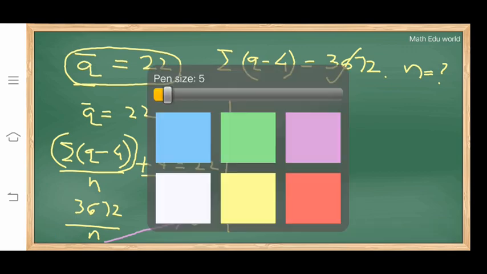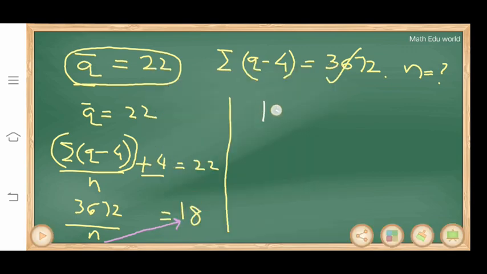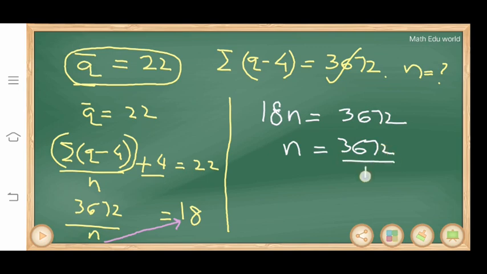So we get 18n is equal to 3672, or n is equal to 3672 divided by 18. Just do the calculation. We get the value of n as 204.